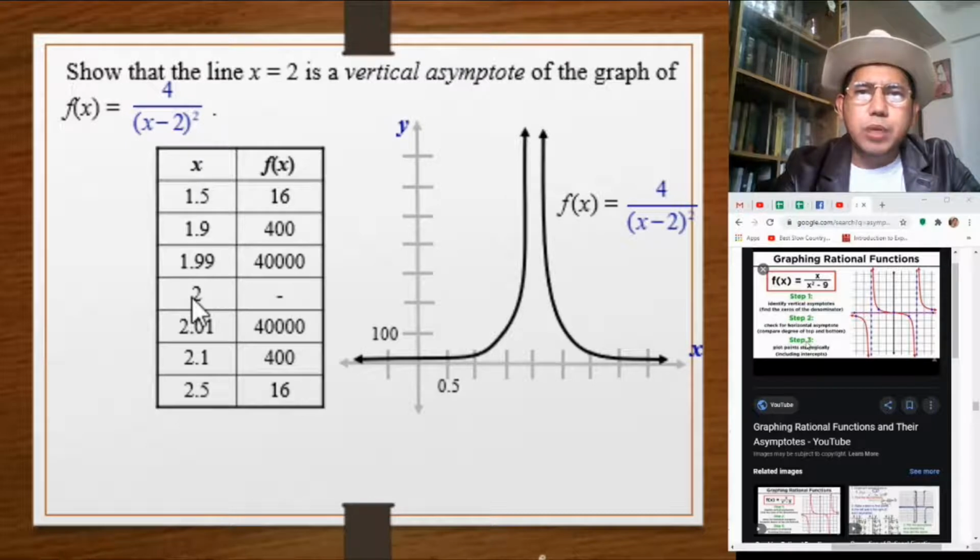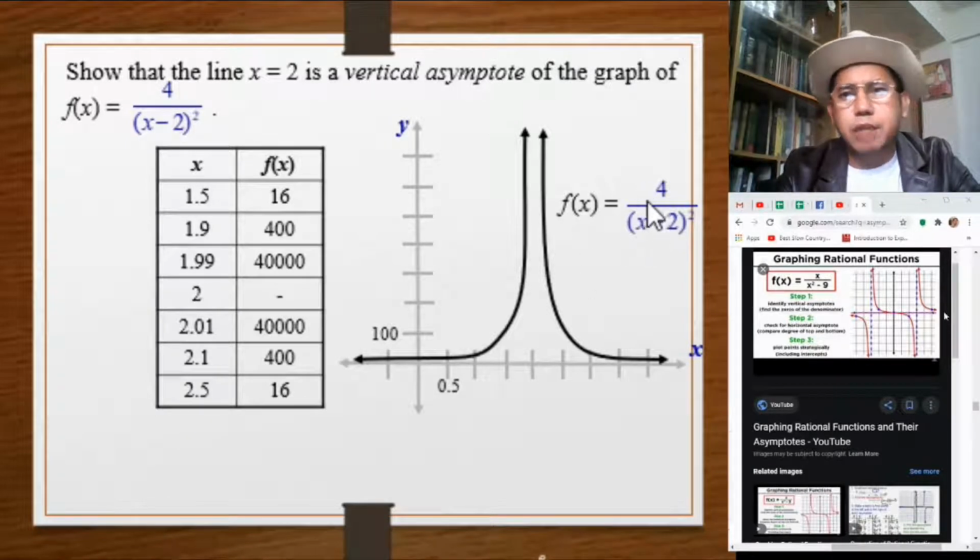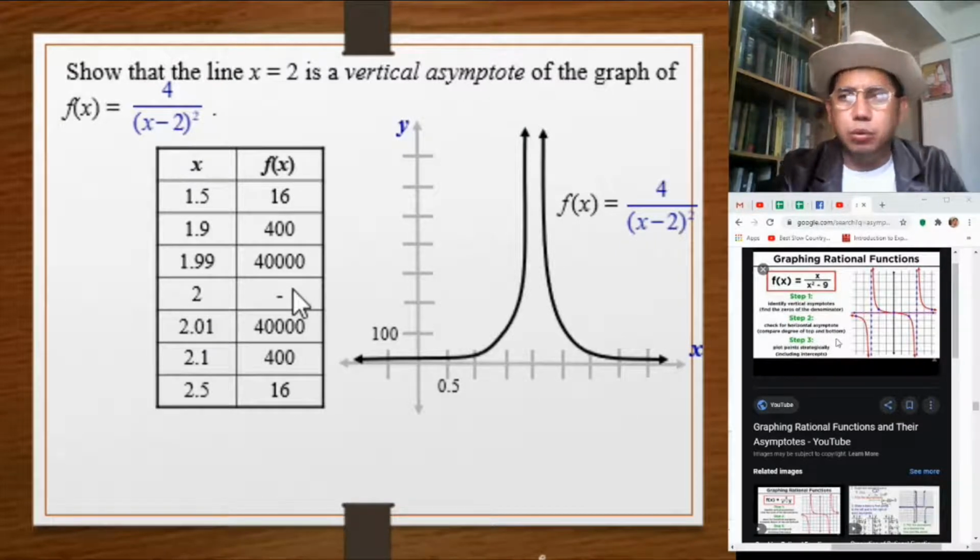Meaning to say, if I'm going to make use of this 2 and evaluate the function I have in here, it will give me an undefined rational function. And that is the very reason we say 2 in here is the restriction of the rational function, or it is not included in the domain of the rational function.